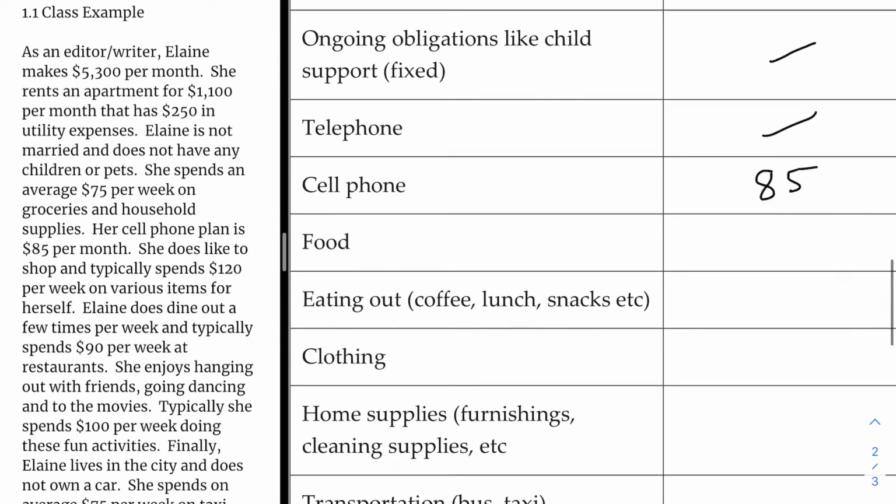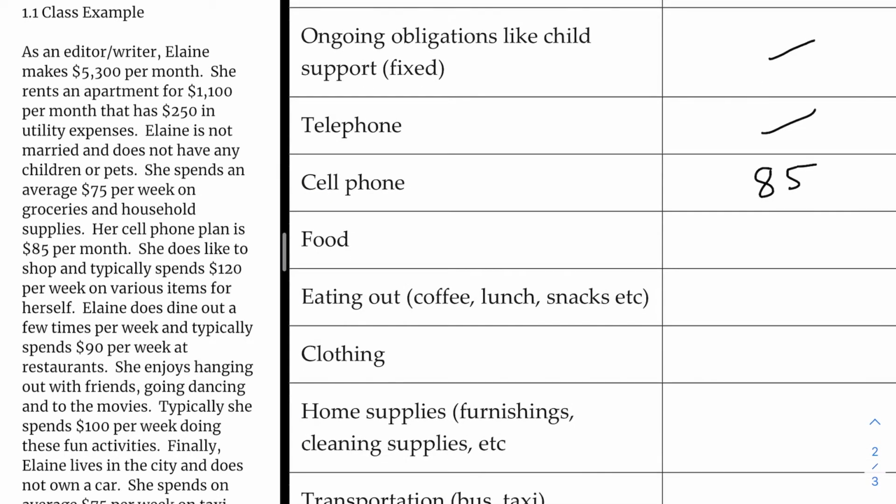Food-wise here, it tells us that she gets groceries. Now, her grocery bill is a weekly bill. So that's $75 a week. $75 a week, 4 weeks in a month, ends up being $300 per month. It tells us that she does like to dine out a few times a week, typically spends $90 a week. Again, that's a weekly cost. So per month, that would be $360.